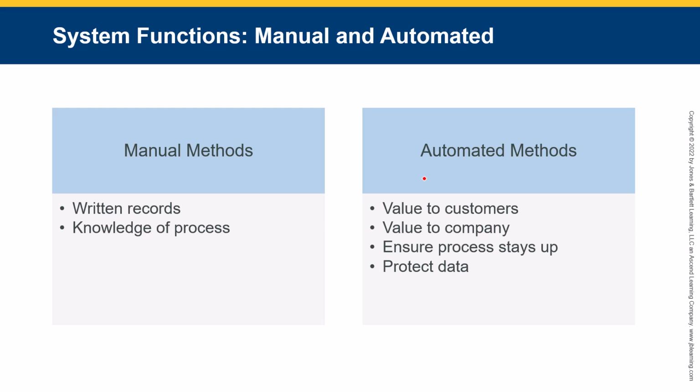So for system functions, manual or automated. Manual methods are like written records, whereas automated is going to increase value to the customer, value to the company, and make sure that processes are current. It does provide a certain level of protection of data, but it also keeps things more accurate.